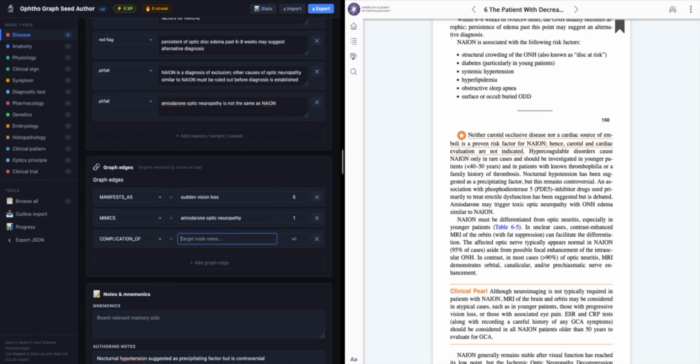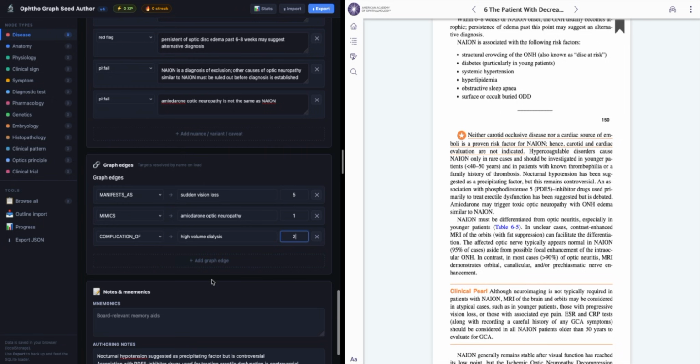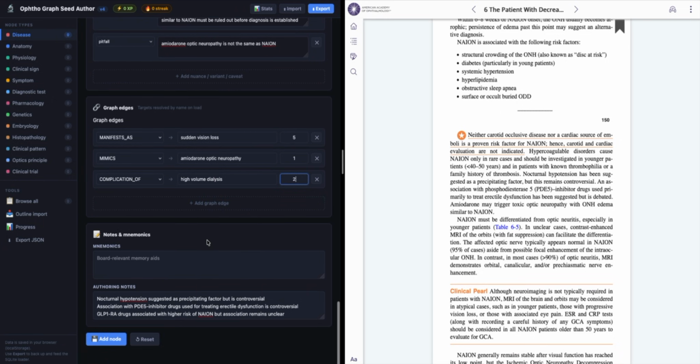We've seen NAION show up after high volume dialysis. So that might be a nuanced factor. And a lot of this can get added in as we learn more and more about the disease.